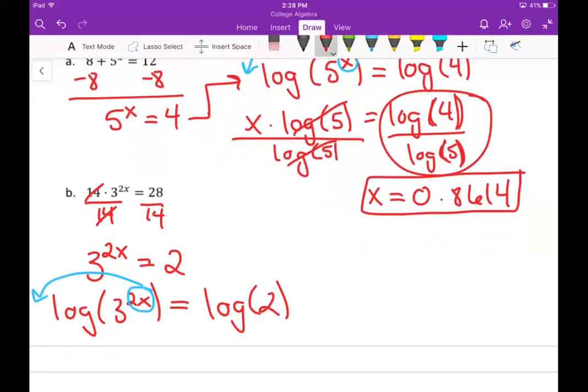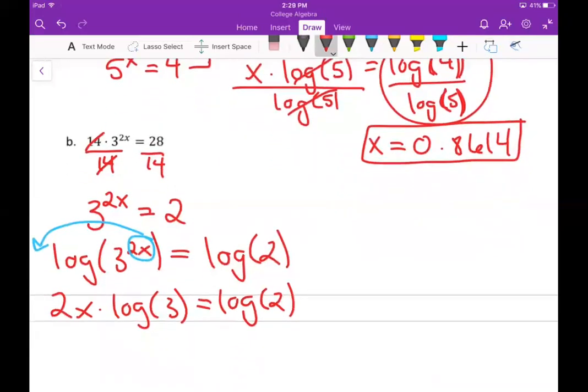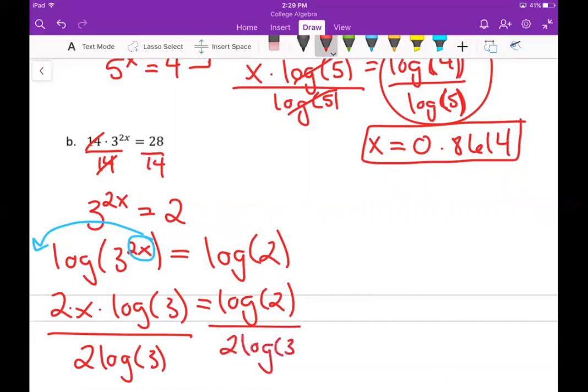That drops the entire exponent, whatever is in the exponent, no matter how complicated, down out front. So now I'm solving 2x times log of the base, which is 3, equals log of 2. Currently on my left-hand side, x is being multiplied by both 2 and log of 3, so I can divide off by both of those at the same time on both sides. The 2's will cancel, the log of 3's will cancel, and x will be equal to, plug this into your calculator.